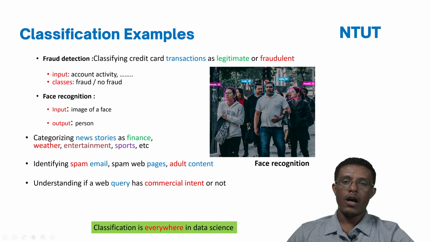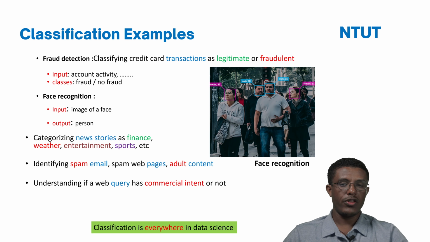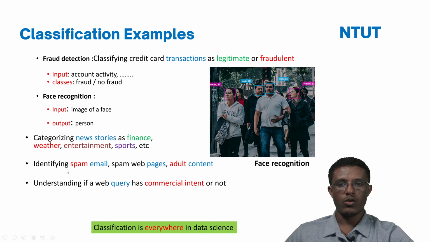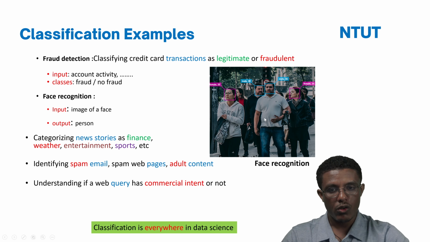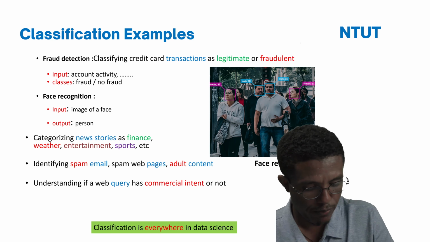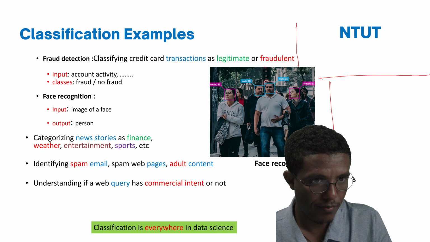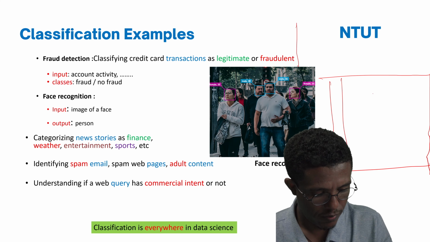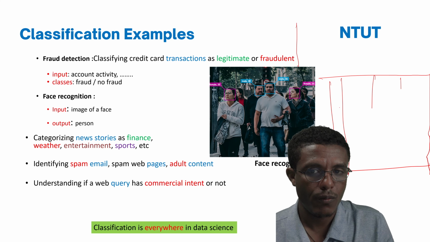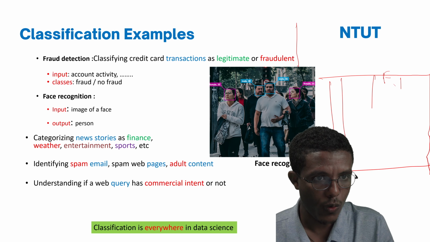This is the way. Another classification example is fraud detection: classifying credit card transactions as legitimate or fraudulent. The input is the account activity or other information, and the class is either fraud or no fraud. When we prepare the data, in the table, our classes may be fraudulent or no fraud.